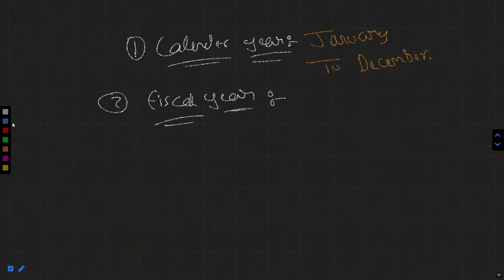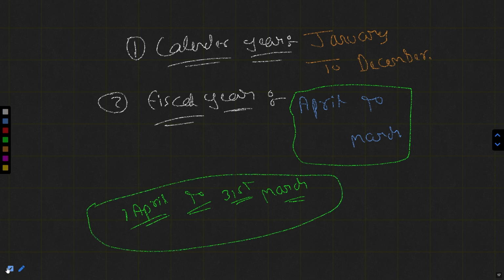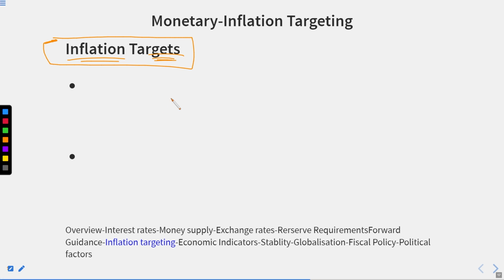Our fiscal year is from April to March. So when we talk about economic activities, we do not go by the calendar year. We generally go by the fiscal year. So the inflation targets are decided for the fiscal year, from 1 April to 31 March. During this timeline, we have to maintain a particular inflation level in our economy, and we call it an inflation target.